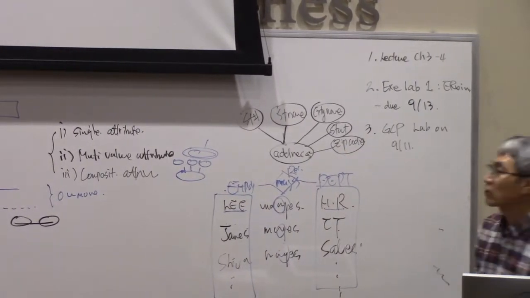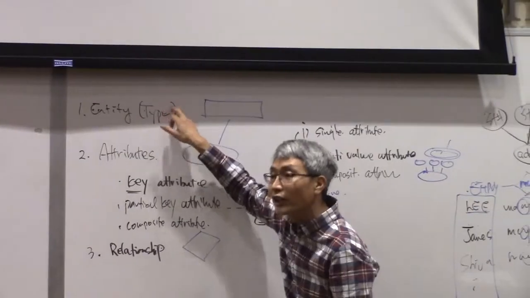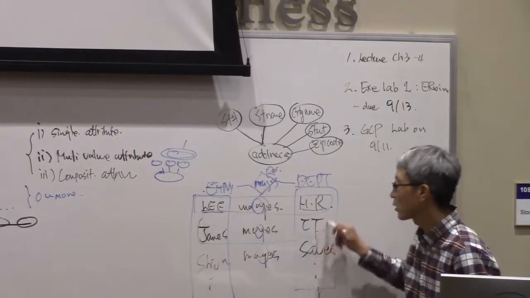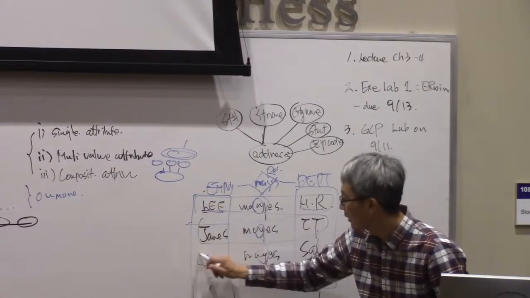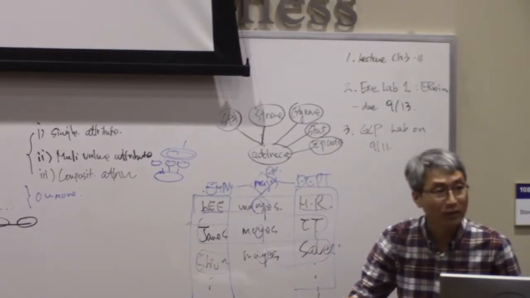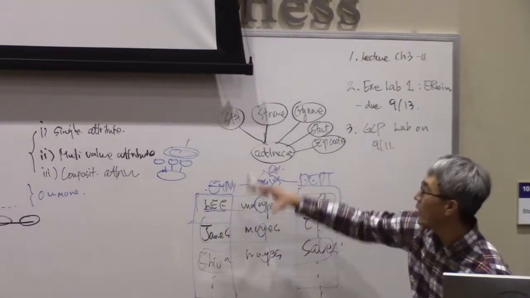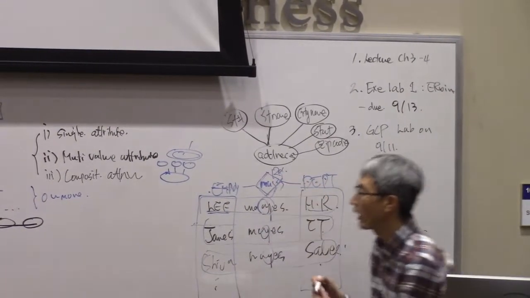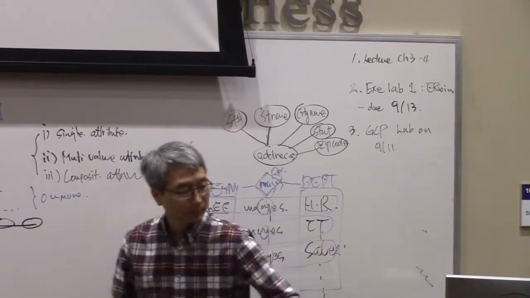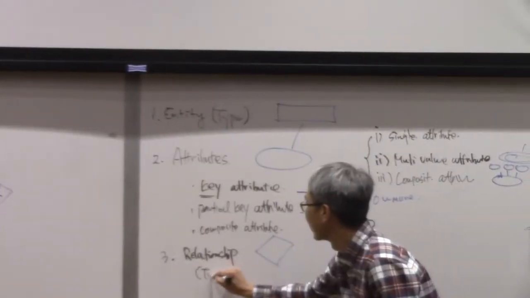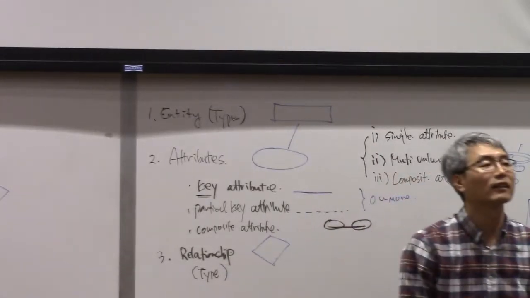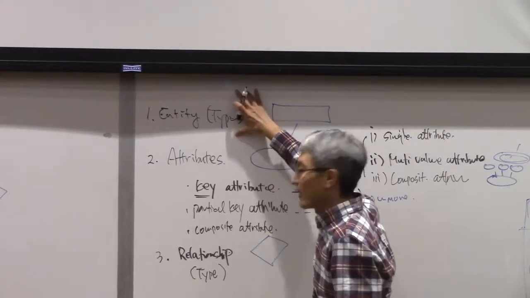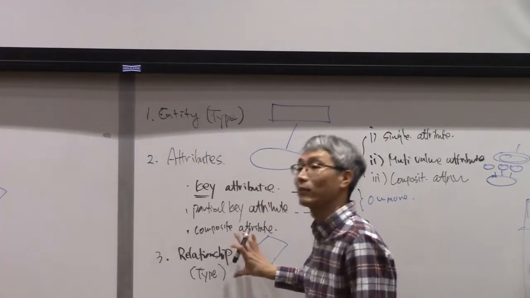At that time, just like the entity and entity type, this one is called a relationship. This one is called another relationship. This is another relationship. You can find many relationships related to the employee and department. So this is actually called a relationship type. Just like the entity type and entity, this is a relationship type and relationship.